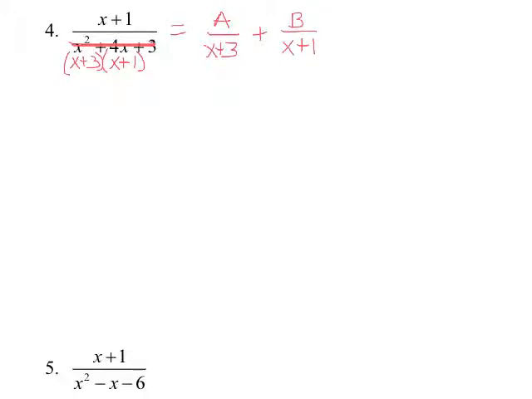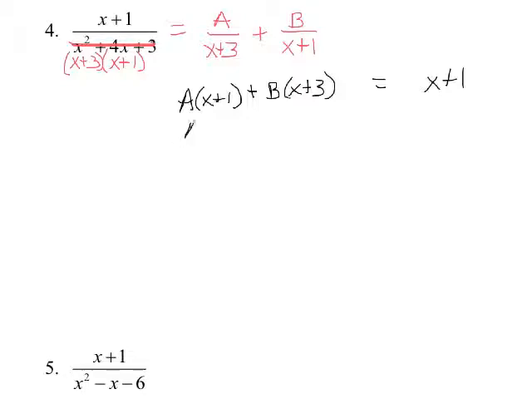So shorthand, we can just say A(x + 1) + B(x + 3) equals x + 1. I just left out the denominator in all those steps because in the end we do wind up canceling it.